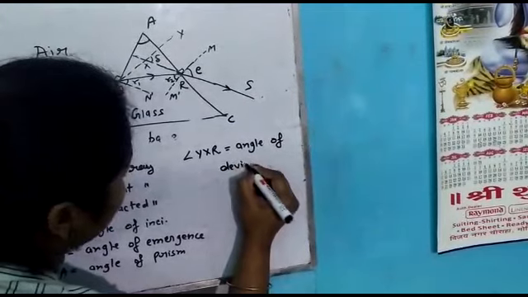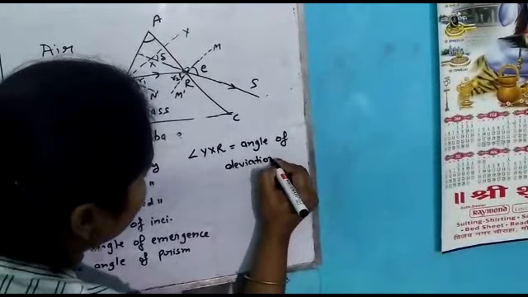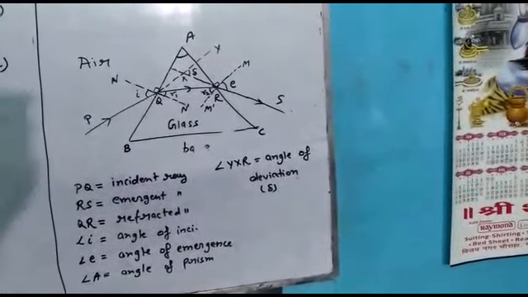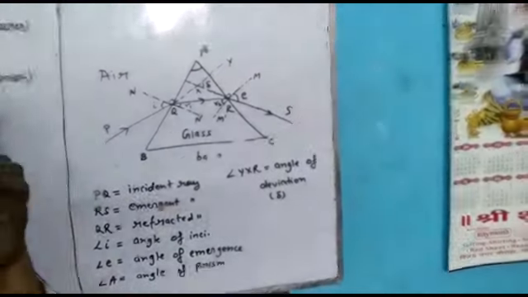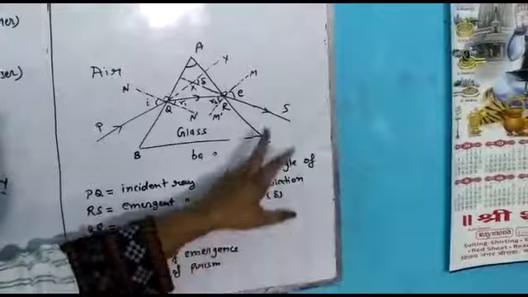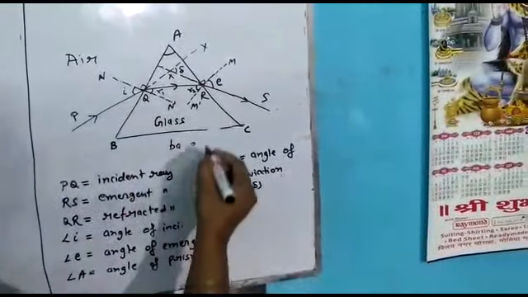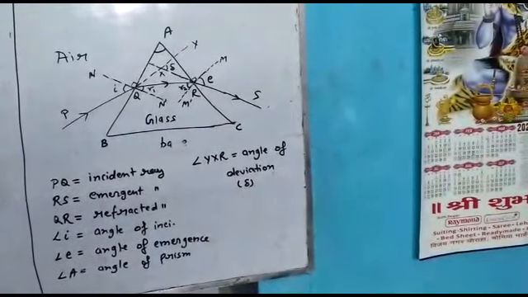Angle of deviation depends upon the angle of prism, the refractive index and the material of the medium.